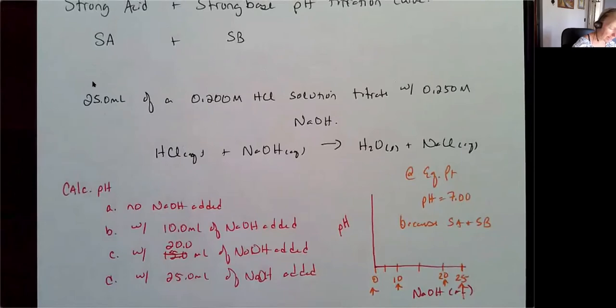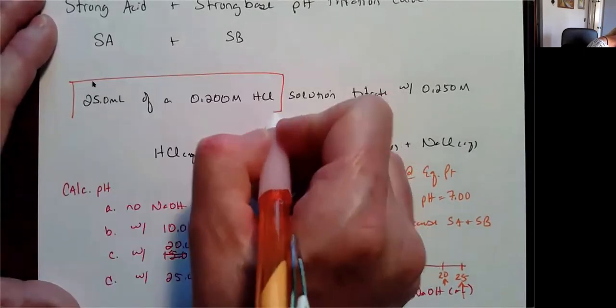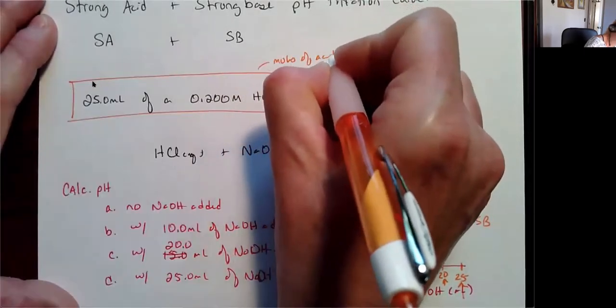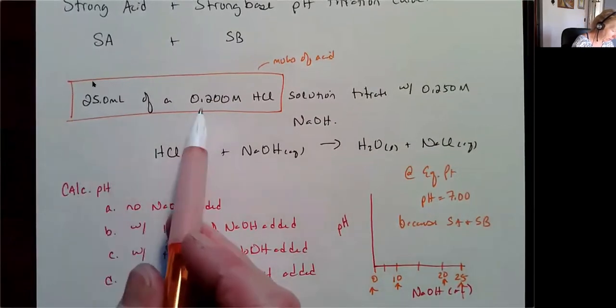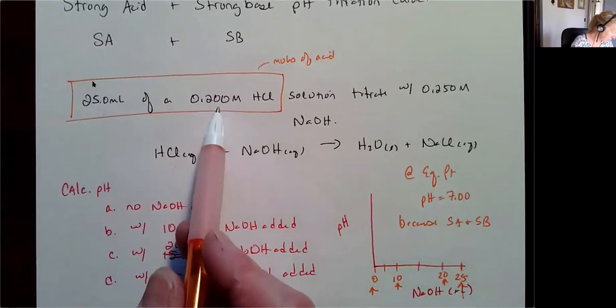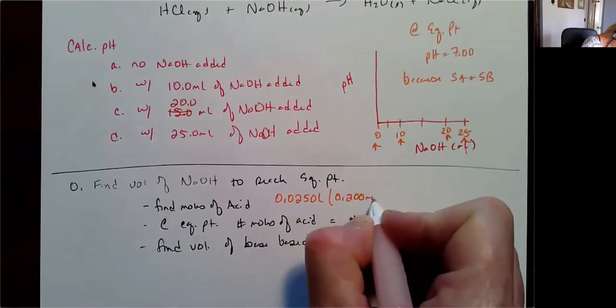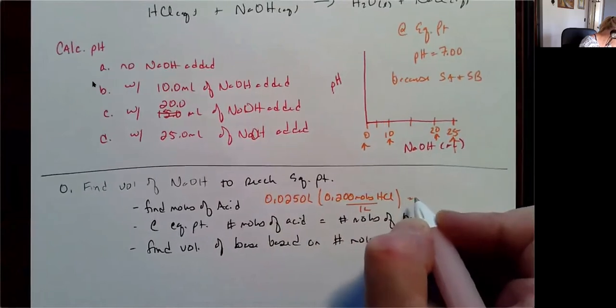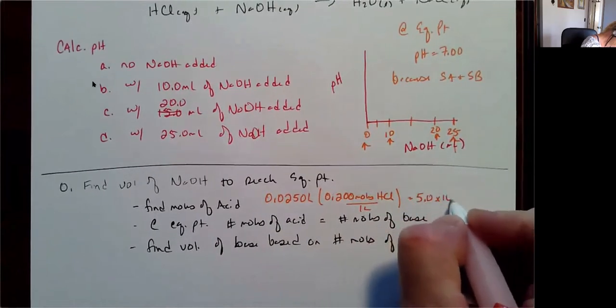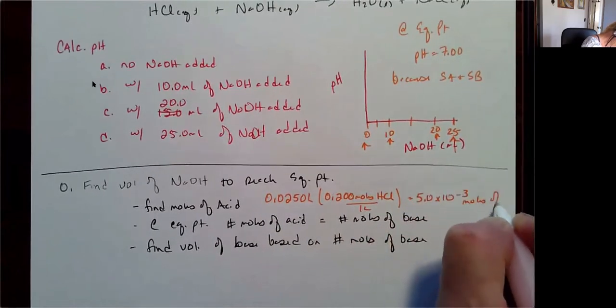So I'm going to take this and I'm going to find moles of acid. That's going to tell me how many moles of acid I have in that solution. So I'll take 25 and I'll divide this by 1,000 and I'm going to multiply it by 0.2 because that's how many moles of HCl in 1 liter. That's going to give me 5.0 times 10 to the minus 3 moles of HCl.